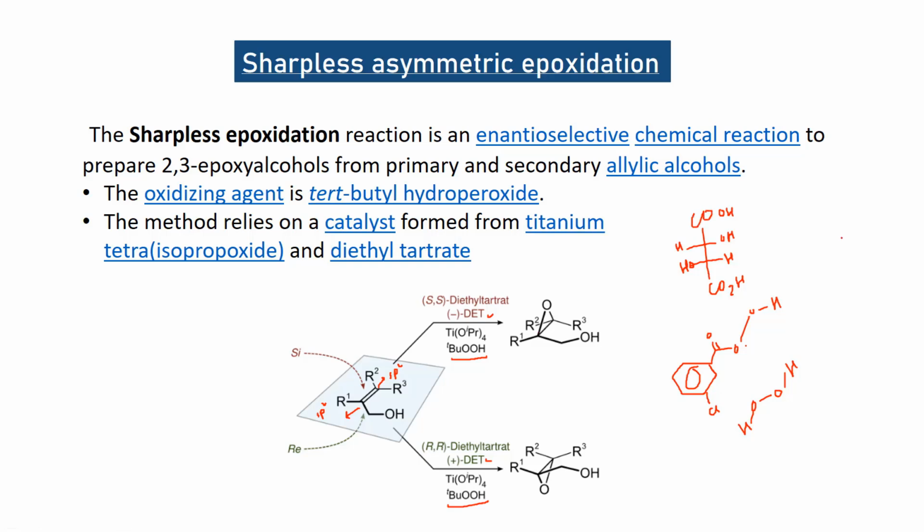Now diethyl tartrate means instead of the COOH there will be two ethyl esters, CO2Et.